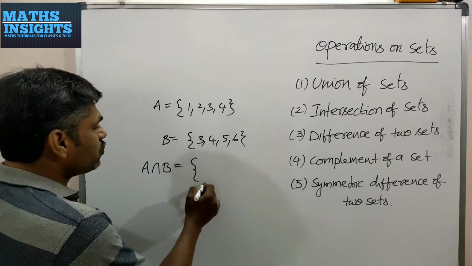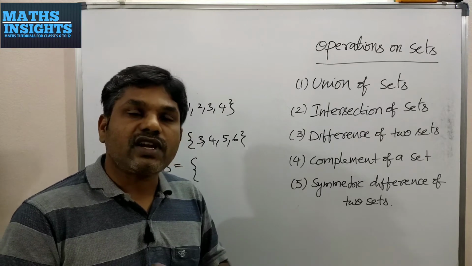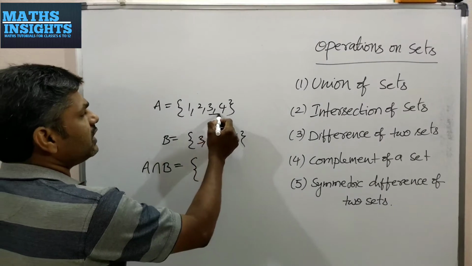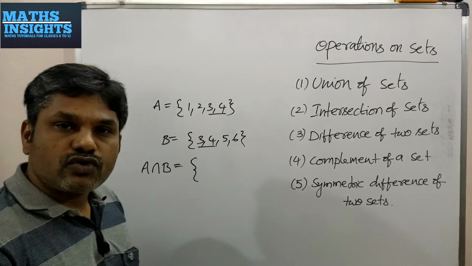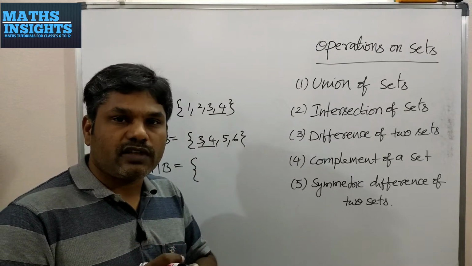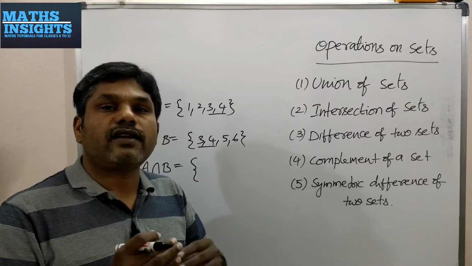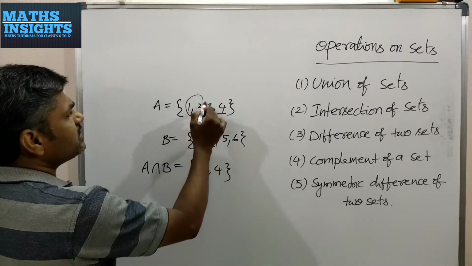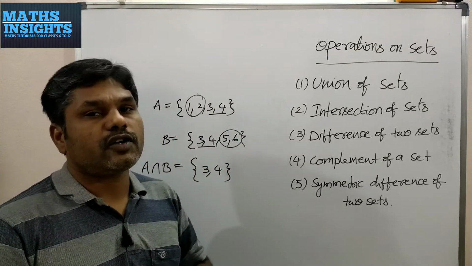Now, as per definition, the intersection is a set which contains the elements common to both A and B. If you see, 3, 4 is in A and 3, 4 is also in B. So 3, 4 are common to both A and B. Therefore, we will take those elements, and those elements come under the intersection of A and B. Therefore, {3, 4}. We will leave these elements which are only in A and these which are only in B.